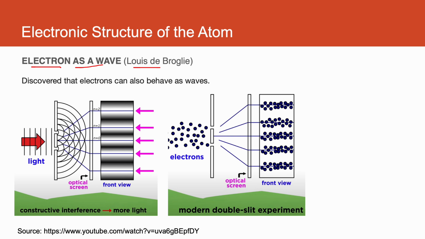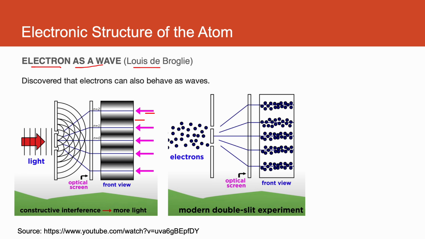If light is shown in a double slit panel, you would have constructive and destructive interference. If you have a spectrum having more light in it here, then this is a constructive interference, so there is no cancellation of waves, but the dark ones here are destructive.